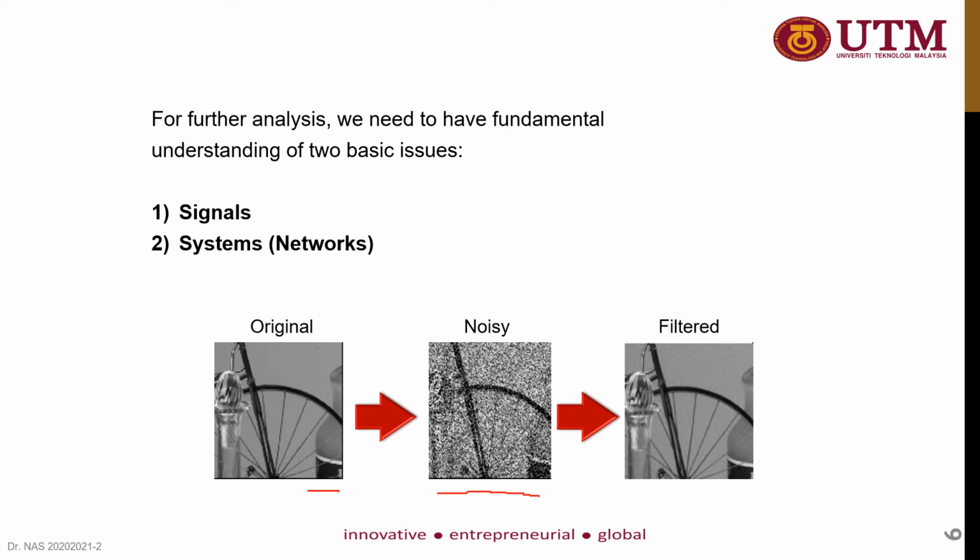If there's no process done in the system, the recipient may receive a noisy or disturbed image. However, since the system includes some filter and some process, the information sent by the sender can be received at the receiving end as similar as the image sent by the sender.